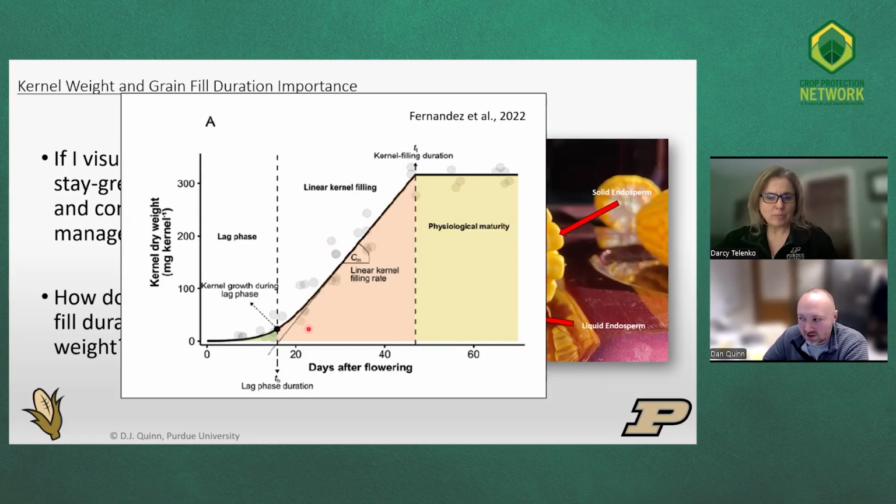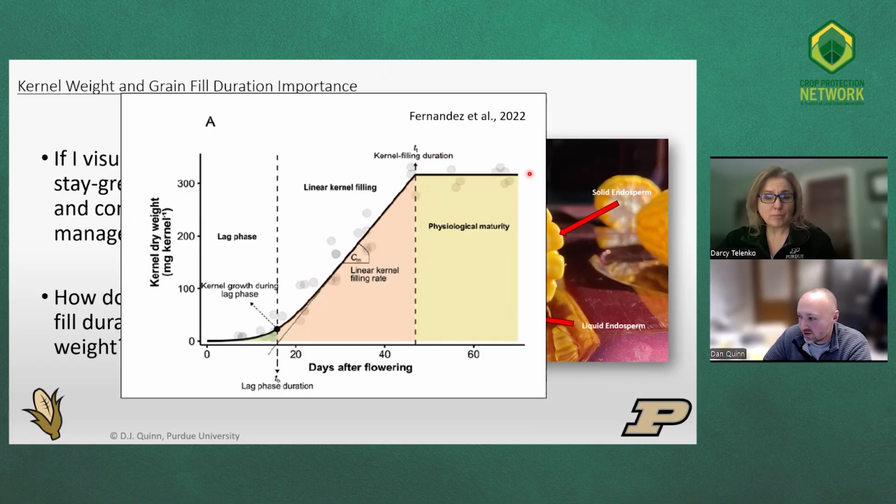There also is a point in time where we're starting to determine what that total kernel volume is. We see this being impacted just with genetics today, period. Hybrids today actually have a longer linear kernel filling rate than they used to. They actually have a longer kernel grain fill duration today than what they used to. And then eventually we're going to hit a maximum point and reach physiological maturity or black layer in the corn.